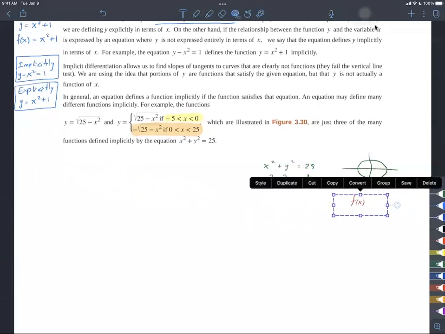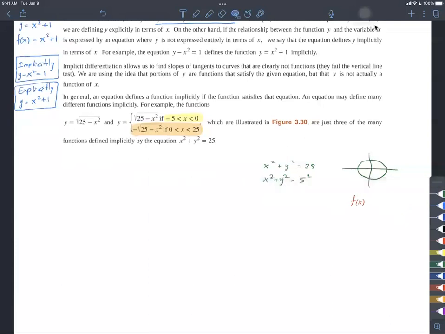We can't write the equation of this circle as f of x equals something, because this is not a function, first of all, so we can't use function notation on it. We can't define it explicitly in terms of x. We need an equation like this.